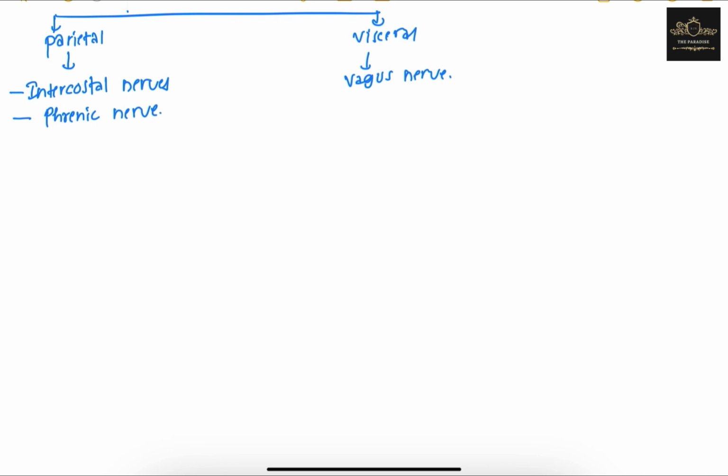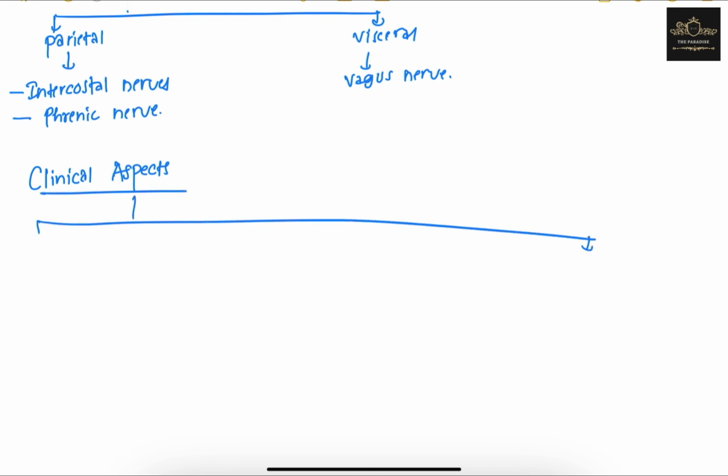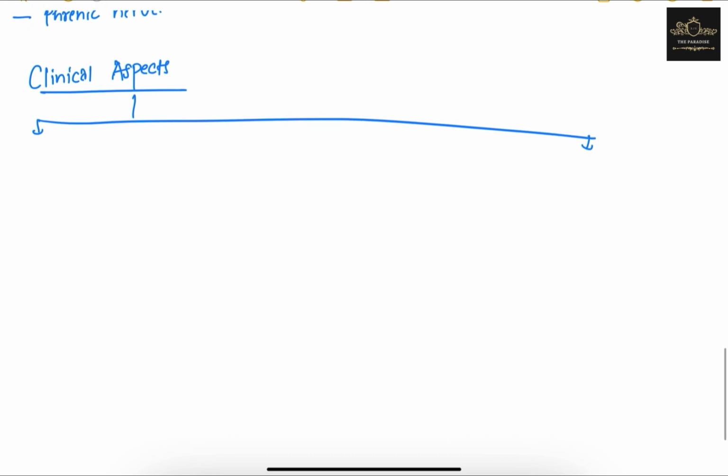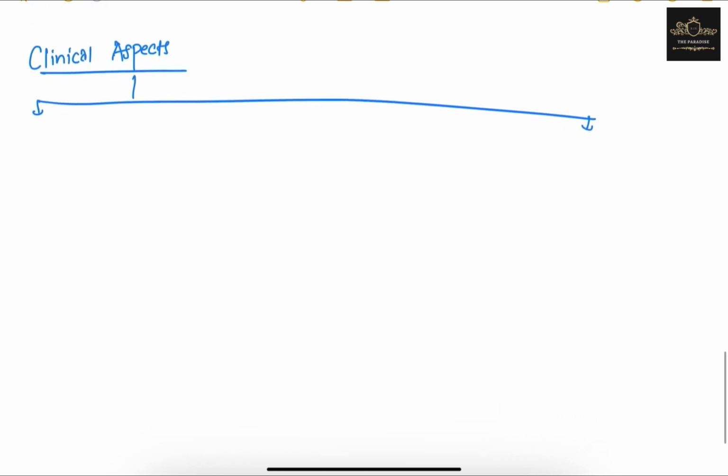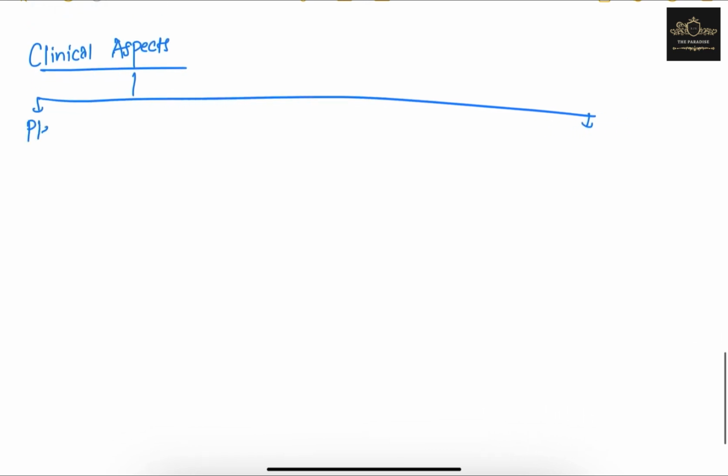Then next point is clinical aspects. First is pleuritis. The word itis means inflammation.